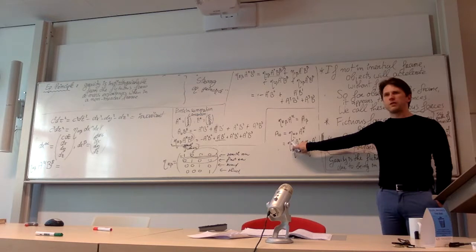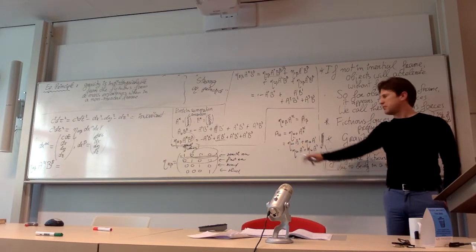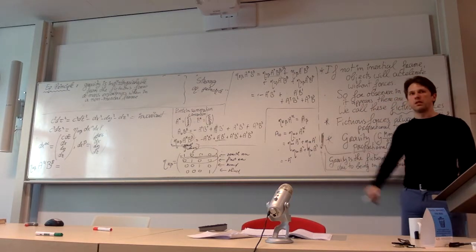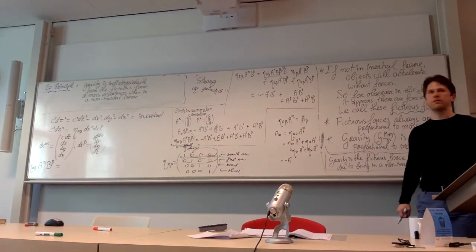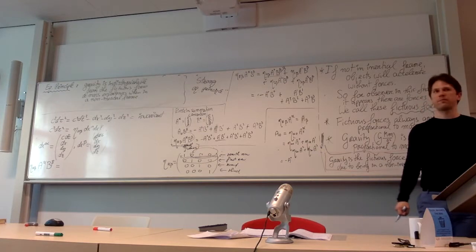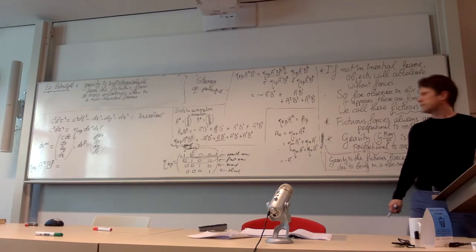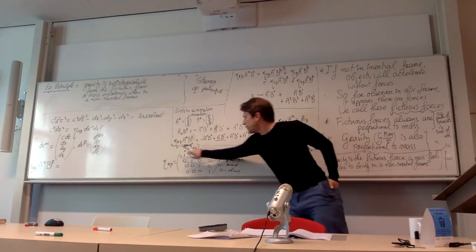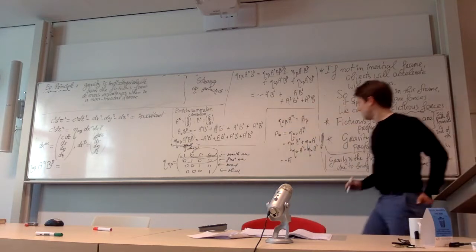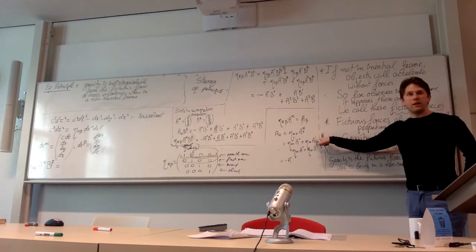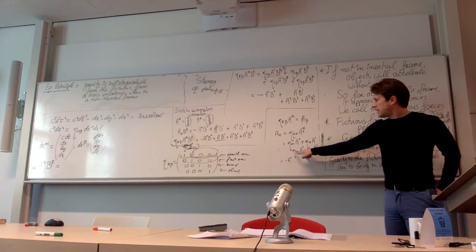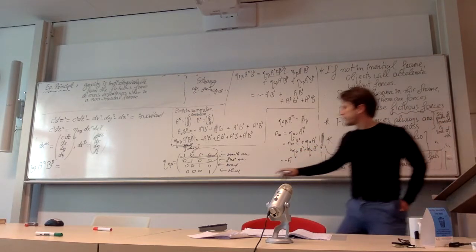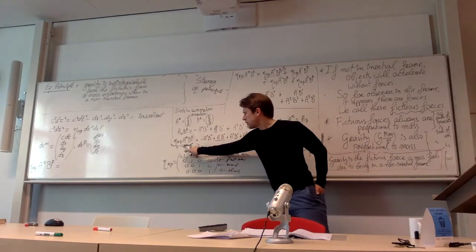What is eta 0,0? It's minus 1. What is eta 1,0? Let's look at the matrix. First row, 0th column: 0. So this is 0 times a^1. Here what I need is eta 2,0, second row, 0th column.